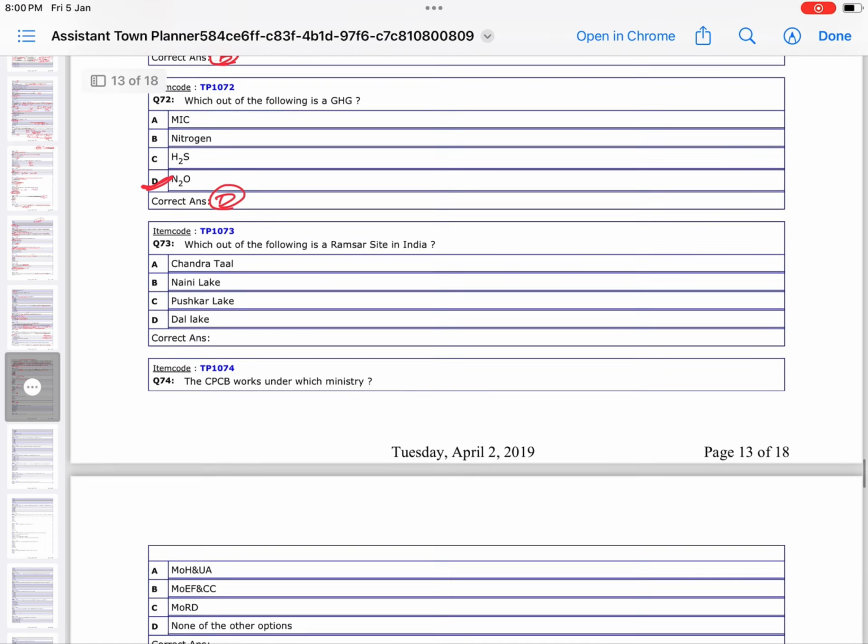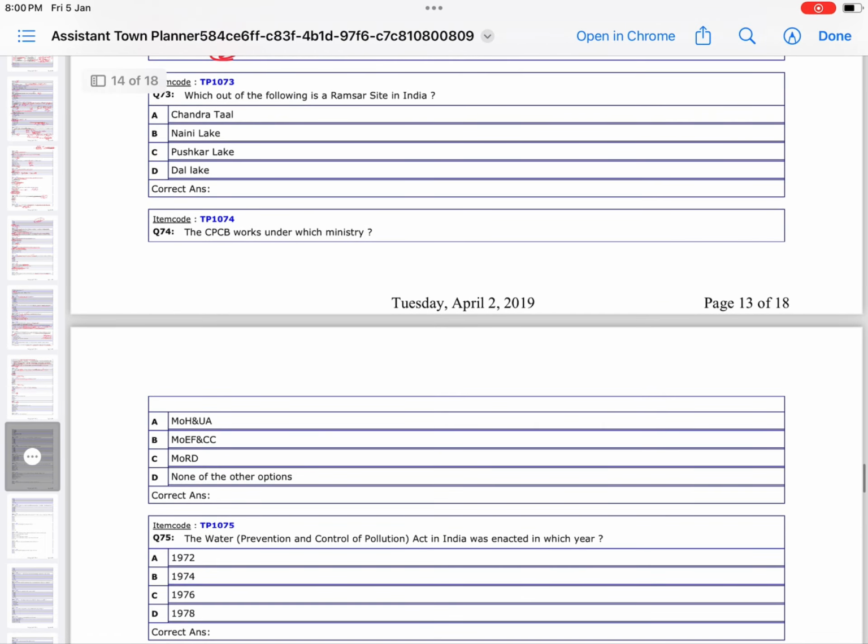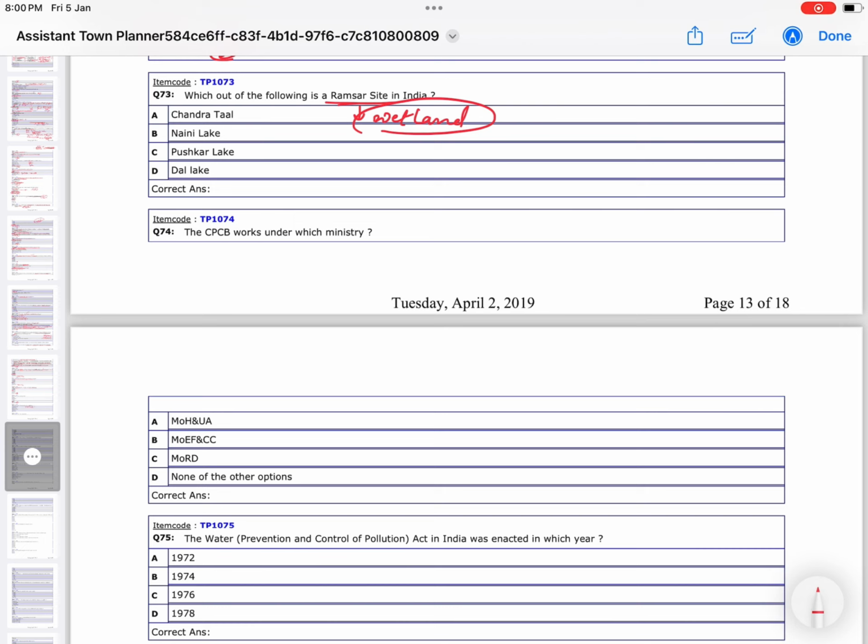First I will tell you what a Ramsar site is. Ramsar sites are wetlands. They deal with wetland areas and the conservation of wetlands. So in India, which of the following sites is located there? You can see that Chandratal is a Ramsar site in India of a wetland.